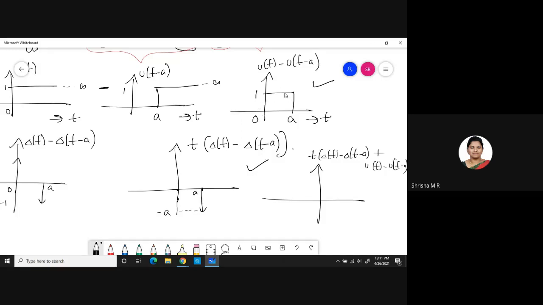Addition from 0 to a, you have this, and at a you have amplitude of minus a. So it will be from 0 to a with an amplitude 1, and at a you will have this impulse at minus a. Got it? This is your differentiation of y of t, that is d by dt of y of t. Understood everyone? This is your final signal.